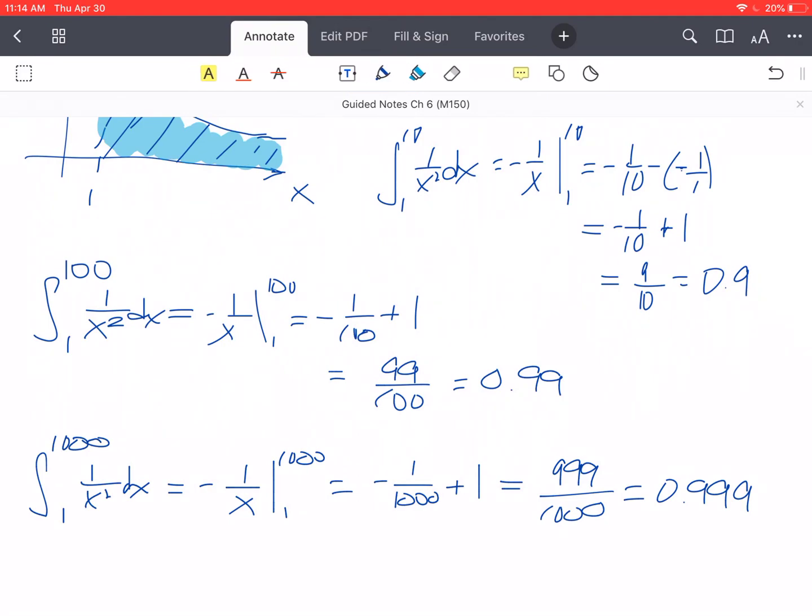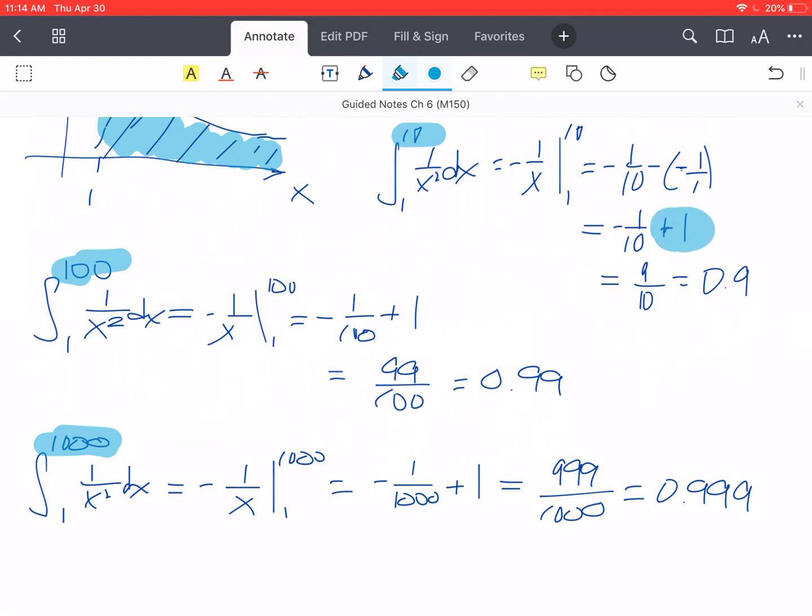So you might be able to see what's happening here. Notice that as this upper bound starts getting higher and higher, and we can just keep doing this, these values are never actually going to cross the threshold of 1. It's always going to be 1 minus some small number, 1 minus a smaller number, 1 minus an even smaller number.